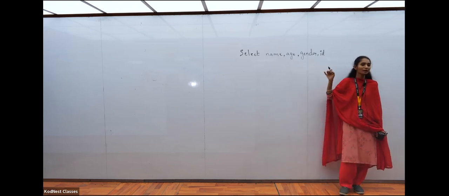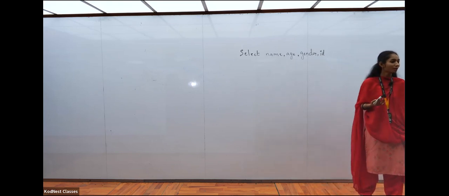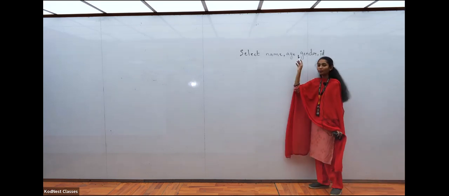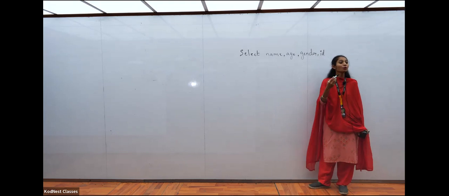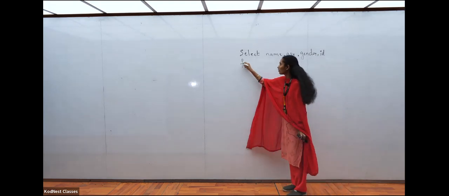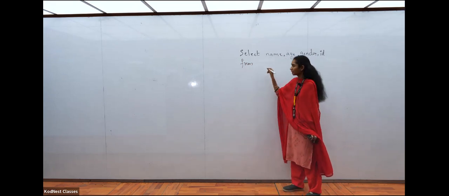Because it's not like we will be having only one table. Multiple tables will be present. So we need to tell: select name, age, gender, ID from which table. Here we have to specify that table name.